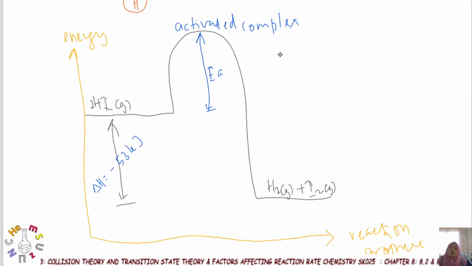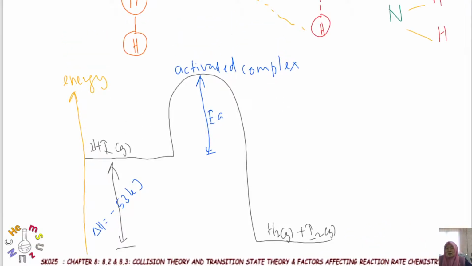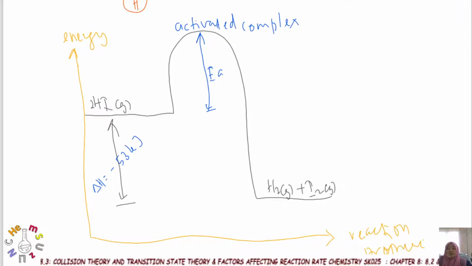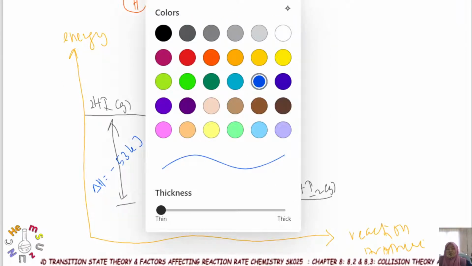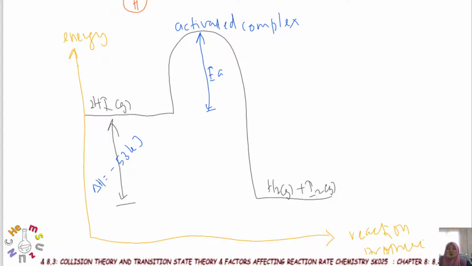But catalyst tu nak tunjuk kat mana? Kawan-kawan, catalyst tu nak tunjuk kat mana? Anis? Ya, madam.